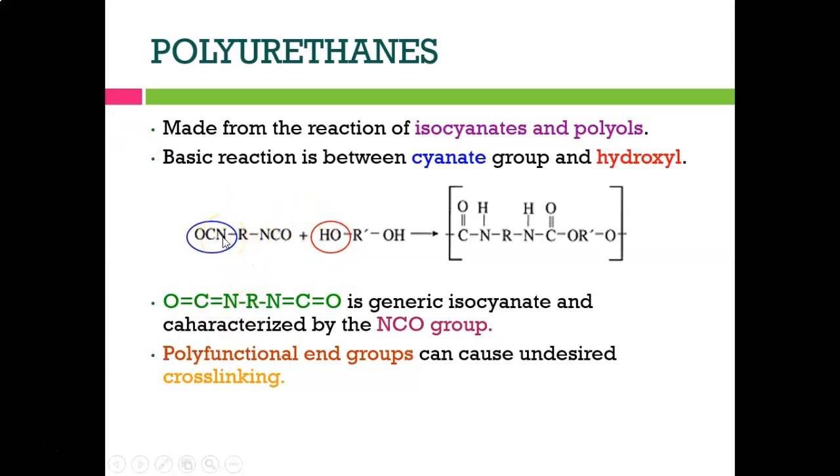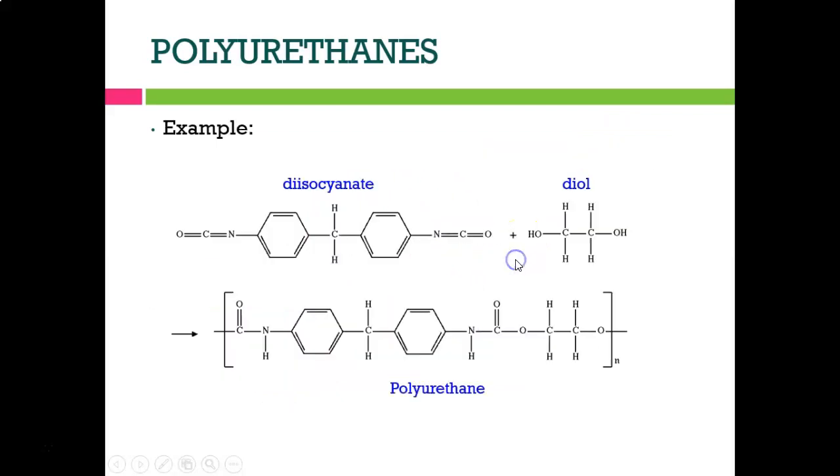Isocyanate is given by NCO at both ends of the monomer structure, and we have a hydroxyl group on the second structure. The basic reaction is between the isocyanate group and the hydroxyl group. The polyfunctional NCO group can cause undesired cross-linking. In the preparation of polyurethane, no byproduct is formed.